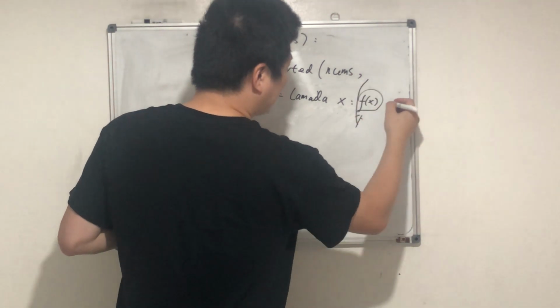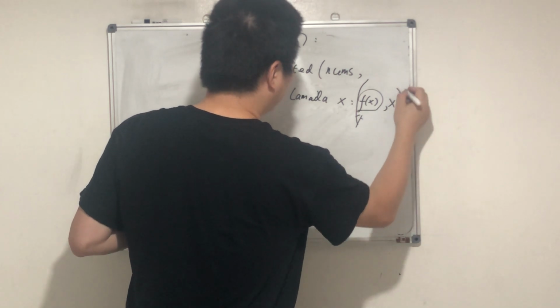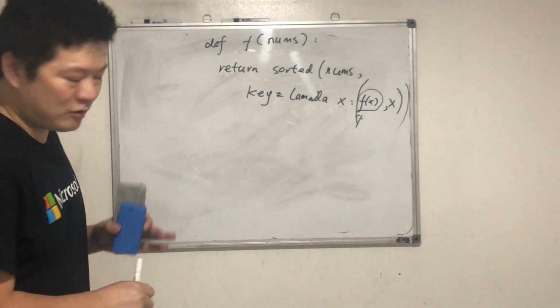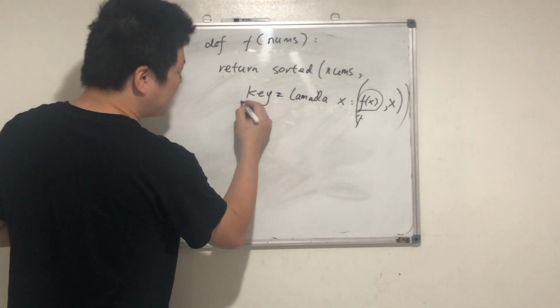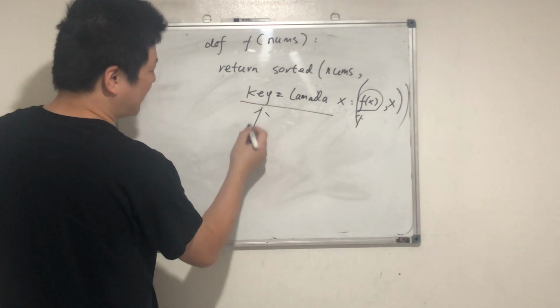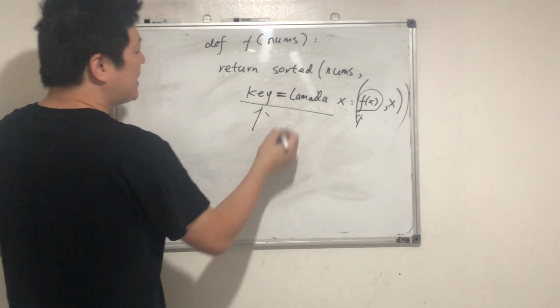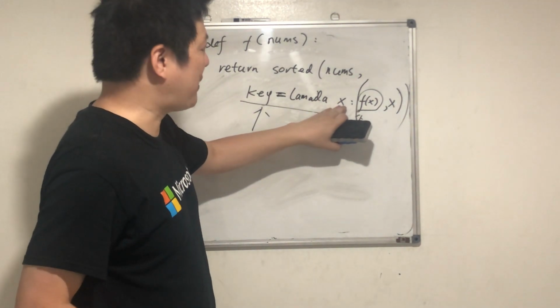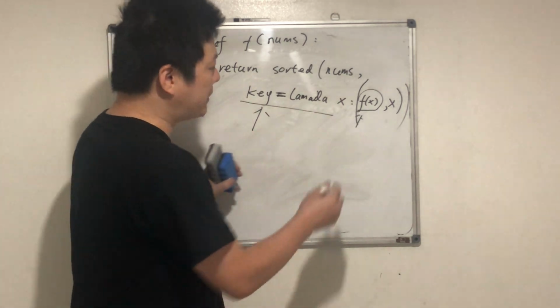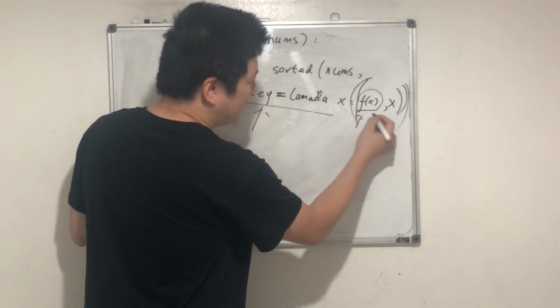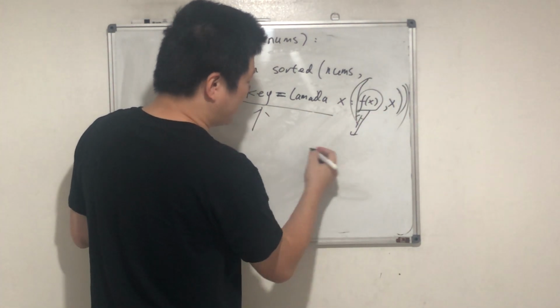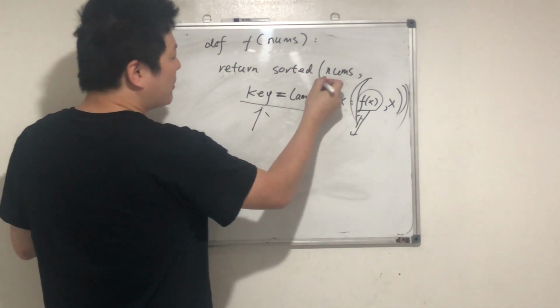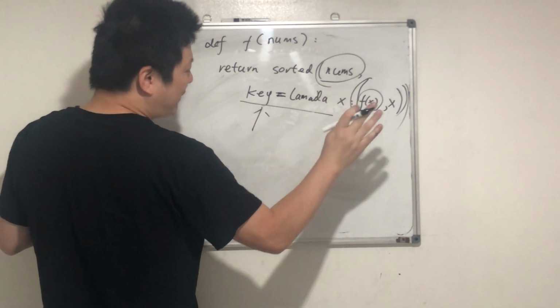But the second parameter will be x, right? That's it. We are passing this as a new parameter: key equals lambda x. That's the parameter x. And then you will return a tuple. The first one is the Hamming weight. So basically, you will sort the numbers by two things.